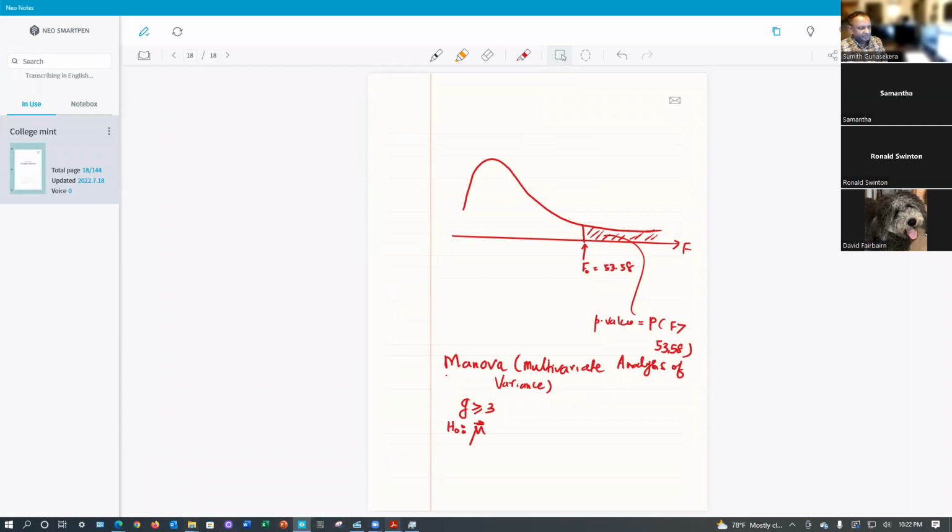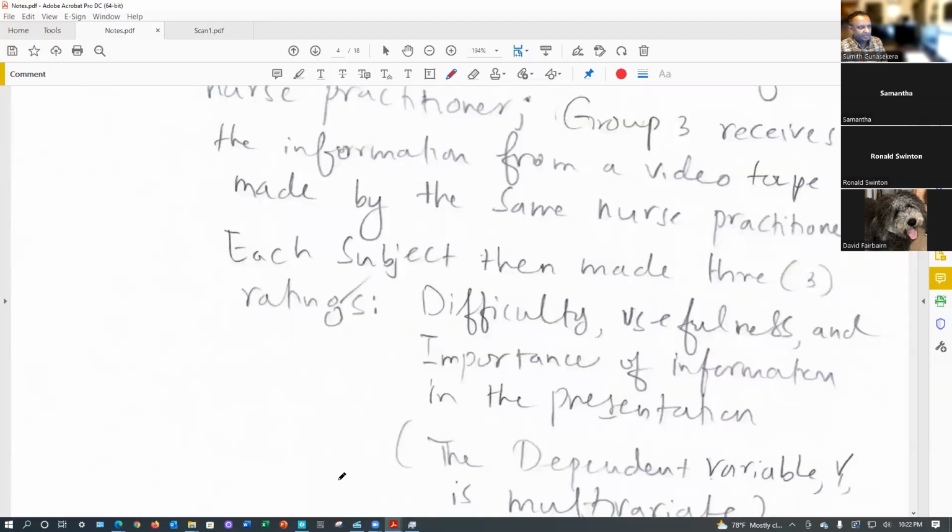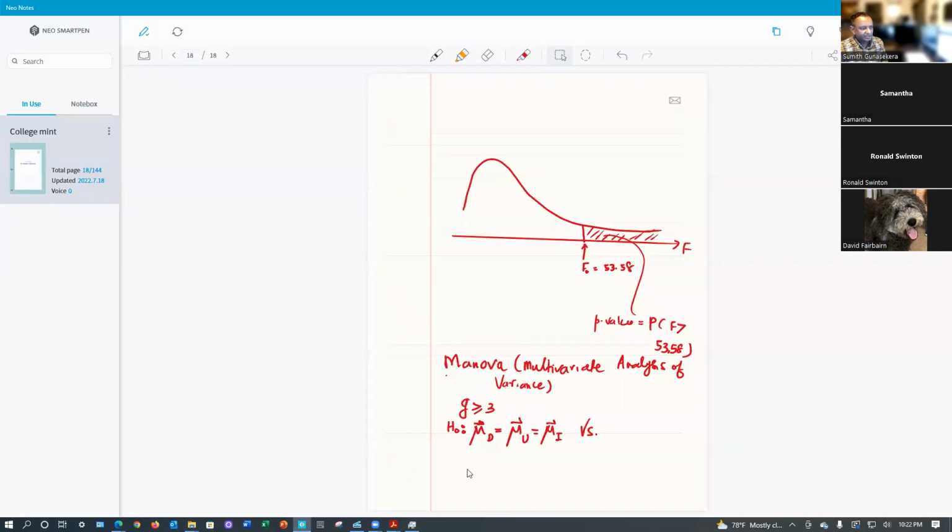Two groups. Can you remember? Difficulty, I'm gonna say difficulty for D. Usefulness. Okay, I'm gonna show you mu usefulness and importance. Like this.